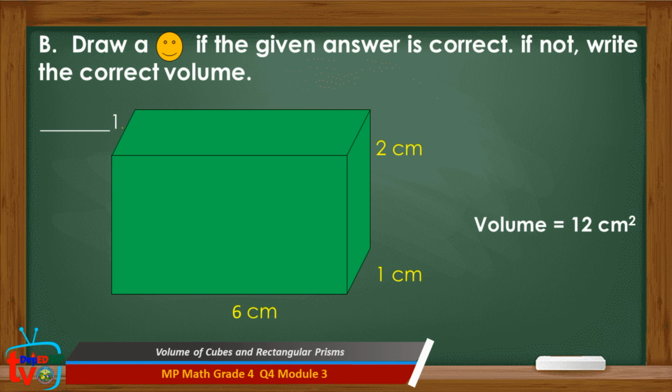Letter B, number 1. A rectangular prism with a length of 6 centimeters, a width of 1 centimeter, and a height of 2 centimeters has a volume of 12 square centimeters.